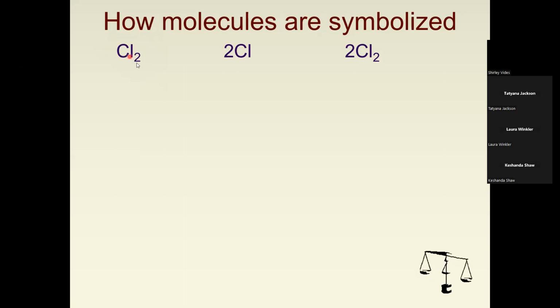That means you cannot change this, right? Because this is a molecule. Next, you have two atoms of chlorine, period. They're separate though. And then this one is telling you that you have two of the first. You see that? So let's look at kind of what that looks like officially.